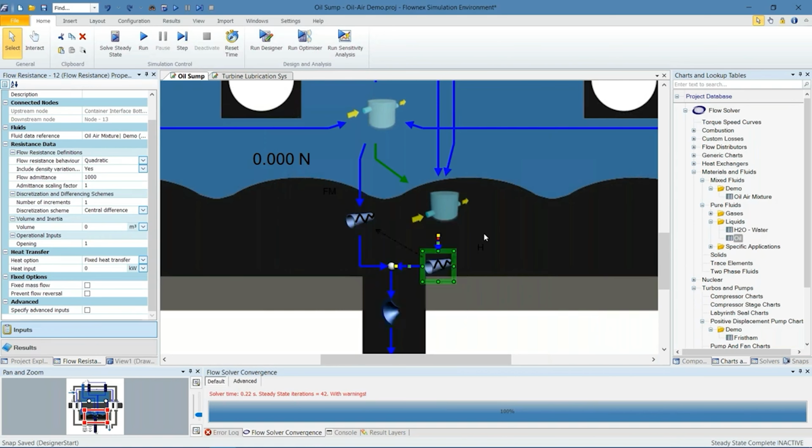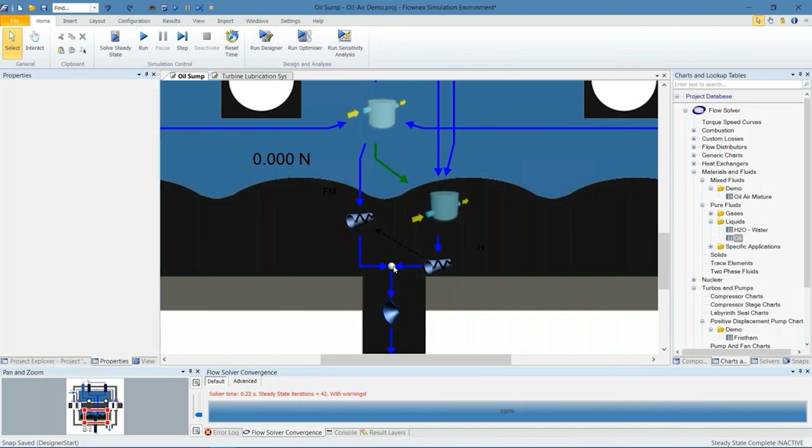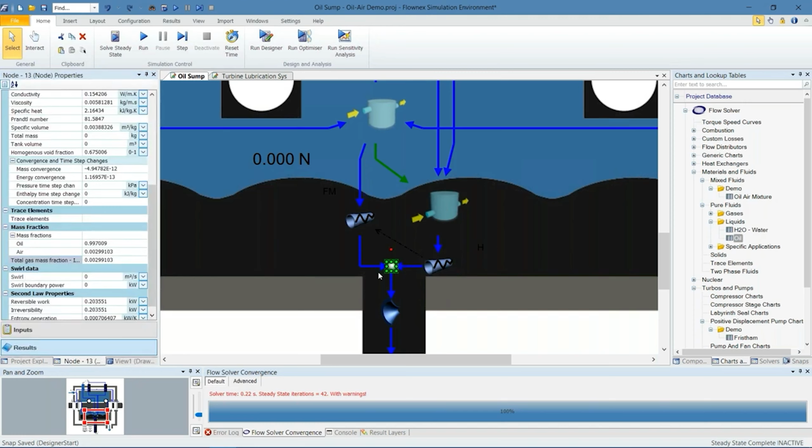In simple terms, it takes the oil flow rate, whatever the momentum equation works out the oil flow rate to be, and multiplies it by a percentage. In this case, I've chosen 0.1%, and applies that amount of air into our oil stream. So in this case, it's representing 0.1% of the mass of oil being air. So we'll see our mass fractions at the outlet, or sorry, not 0.1, 0.3%.